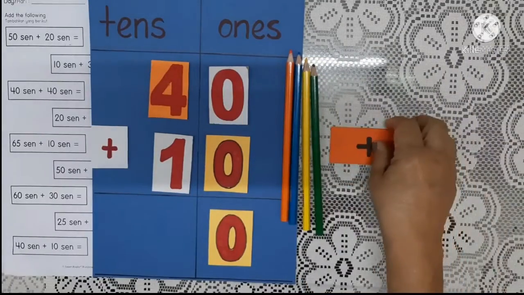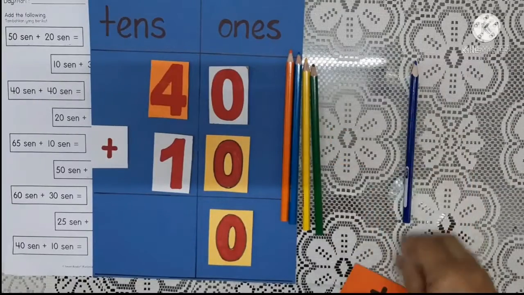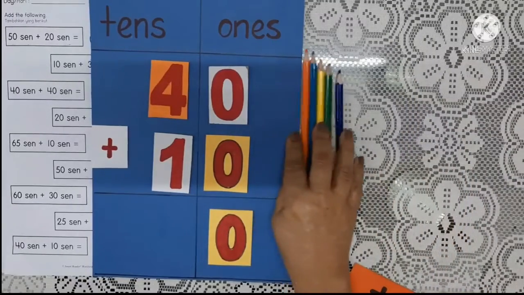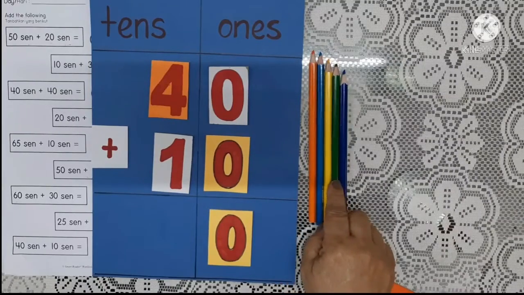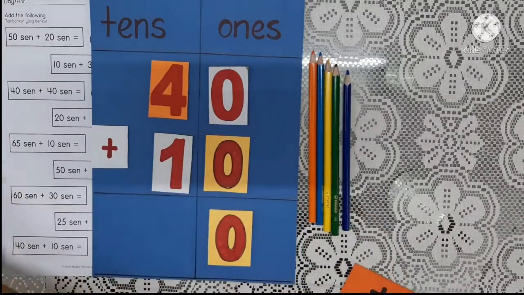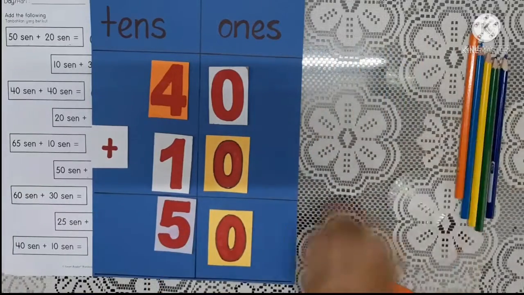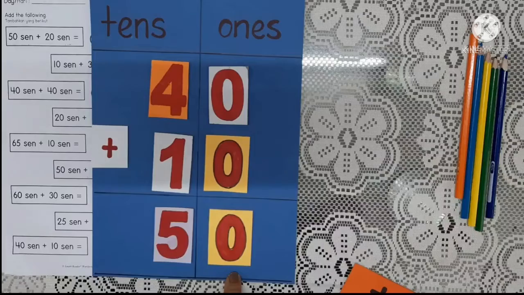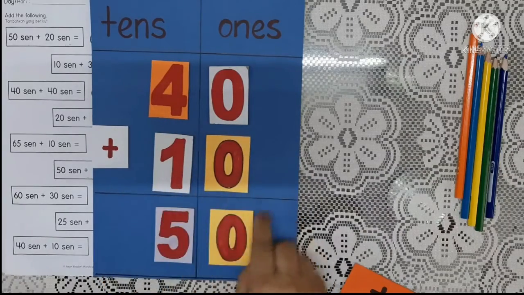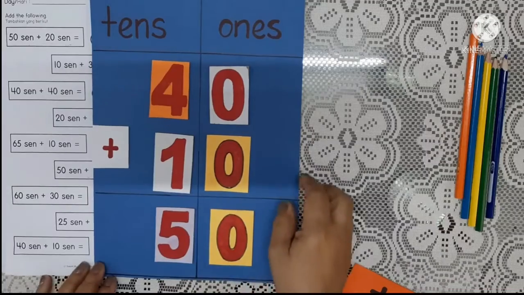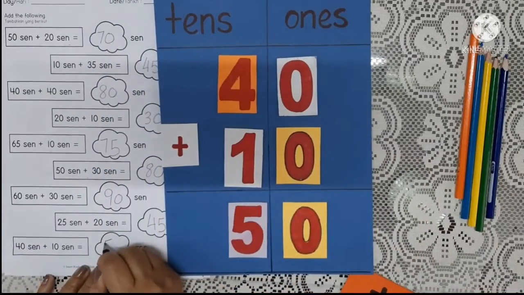And add another 1 pencil. Now let's bring them together and see the total number. 1, 2, 3, 4, 5. 5. So what number is this? 50. So 40 plus 10 equals 50. Now let's write it down.